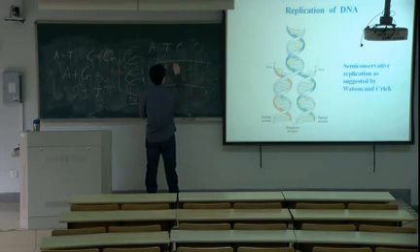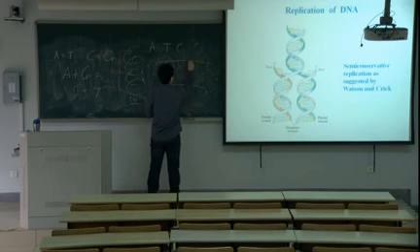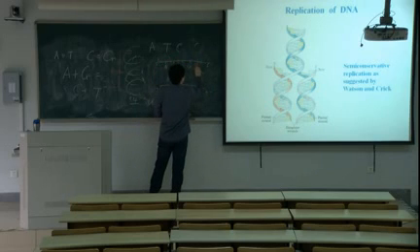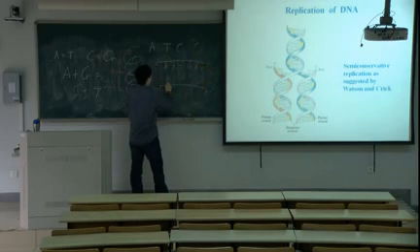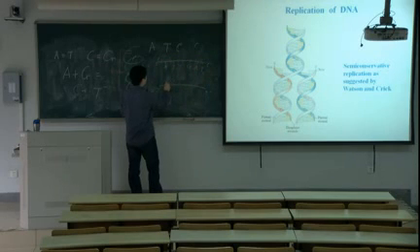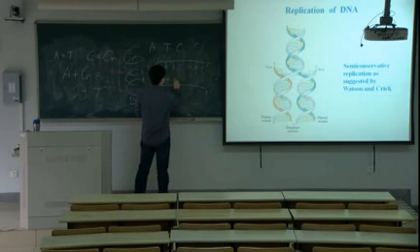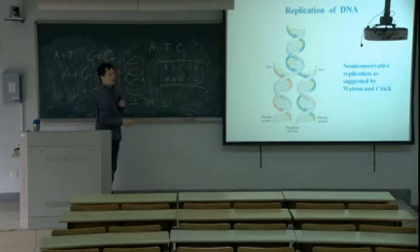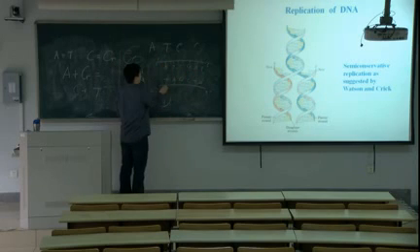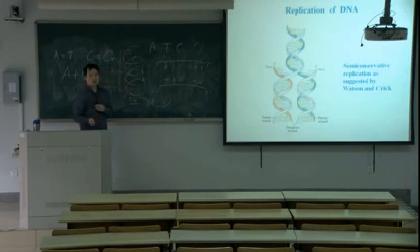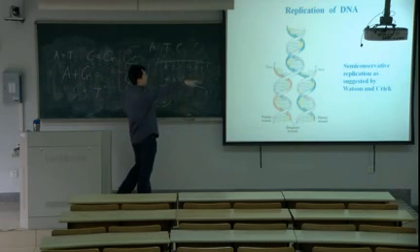Like say one strand on the DNA is A, T, C, G, A, T, okay? And by base pairing, the other strand must be T, A, G, C, T, A, okay? So say in your parents, it has two strands like this.